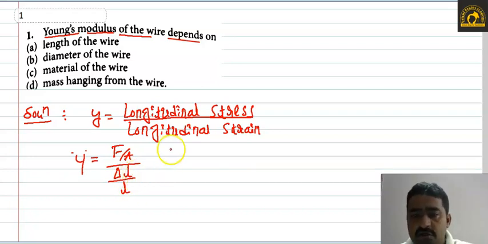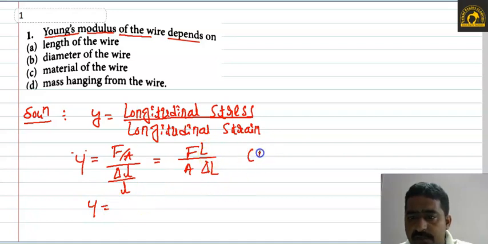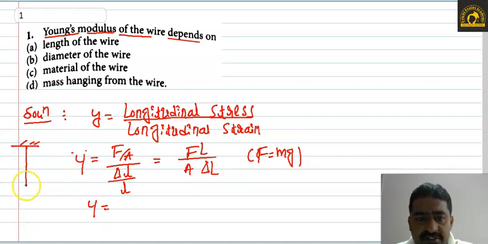So finally we get the equation Y = FL divided by A delta L. According to Newton's second law, F is equal to mg, when the wire is suspended with a weight of mass m.